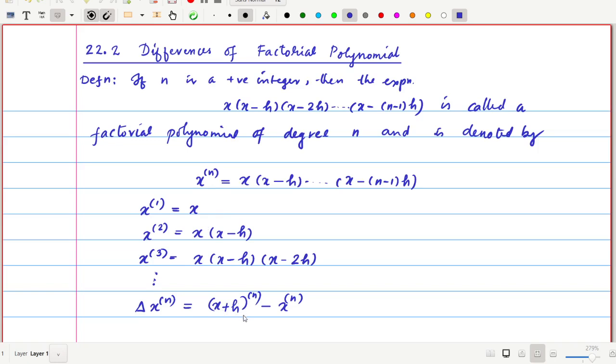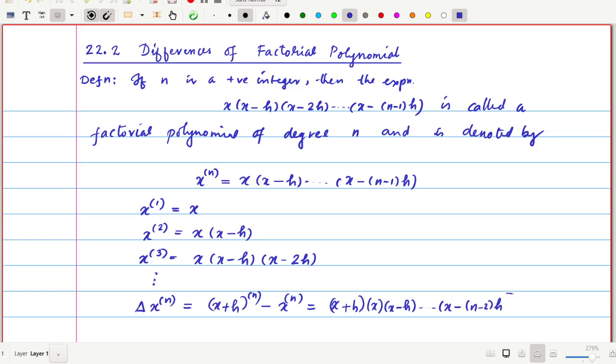And if we simplify this, you can write this is x plus h of n. So this starts from x plus h, and we will collect n terms from this x plus h by diminishing h in each consecutive factor. So the first term will be x plus h, and the second term will be x plus h minus h, that is x itself, and next will be x minus h, etc. We have x minus n minus 2h.